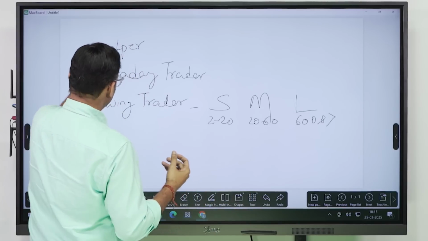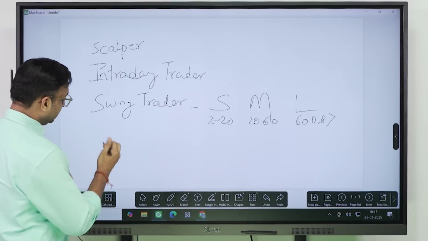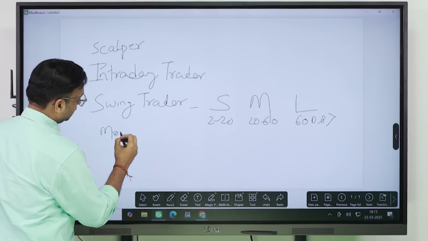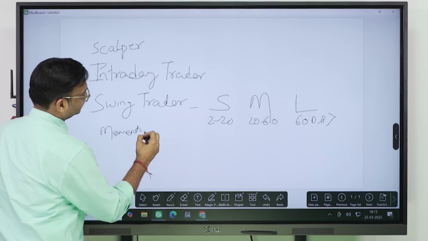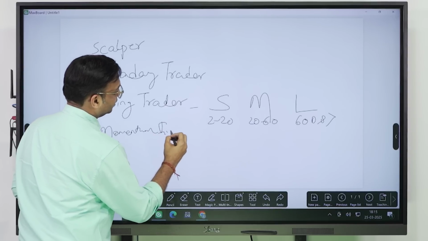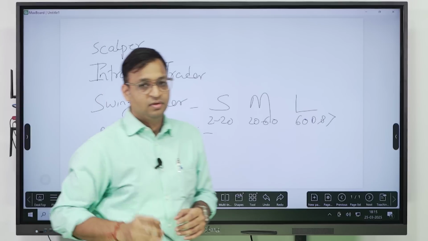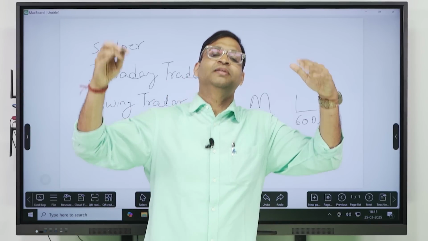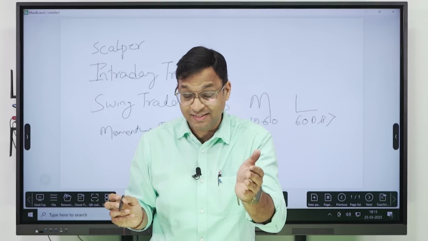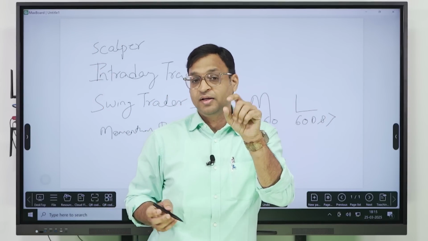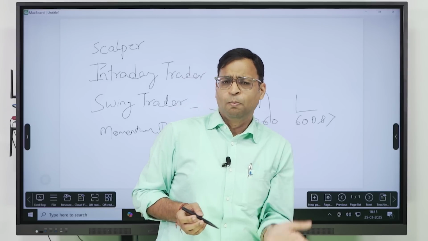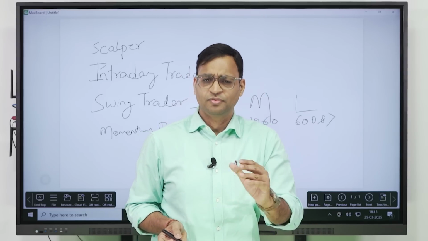Good. Then, beyond that, you could be a momentum investor. That means you want to keep position for 3 months, 4 months, 5 months and beyond. You are an investor. Your mentality is not trading. Your mentality is more of investing and a little bit of trading.